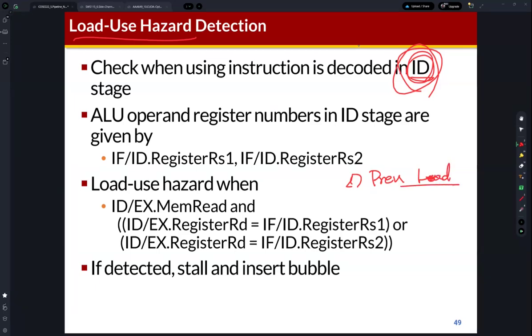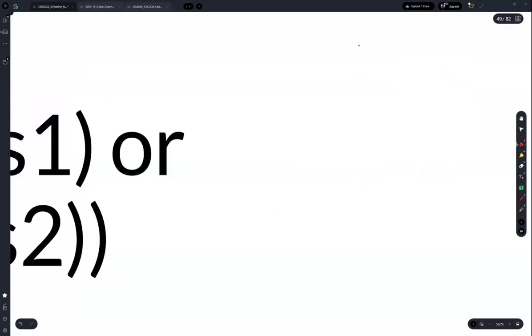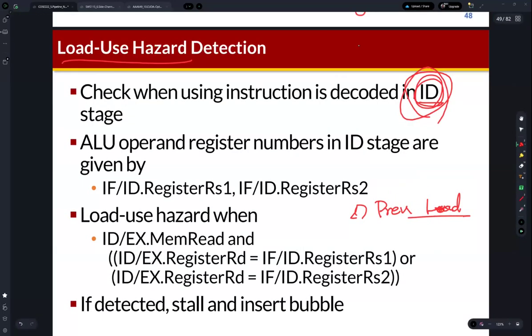And the following instruction receives the data from the load instruction, which means that RS1 or RS2 of the current instruction is equivalent to the RD of the load instruction.